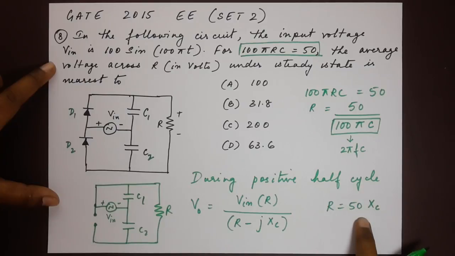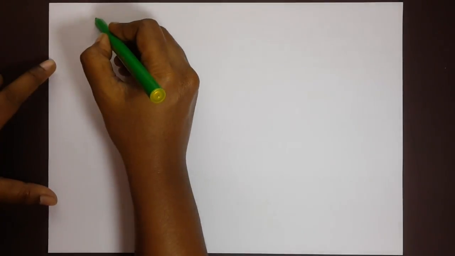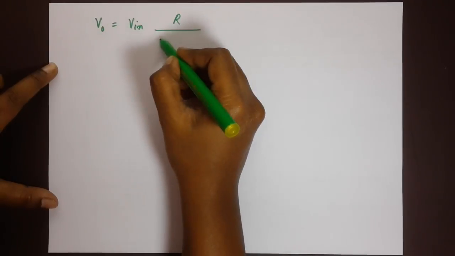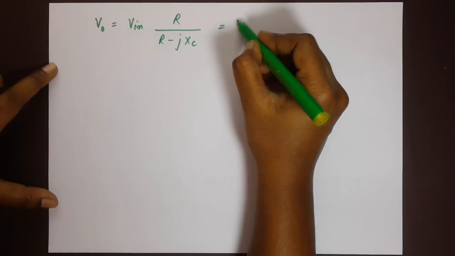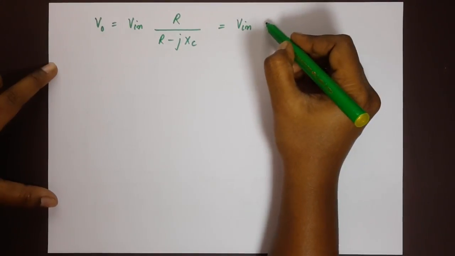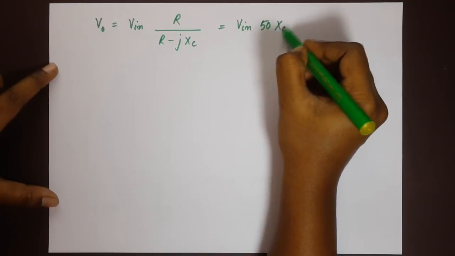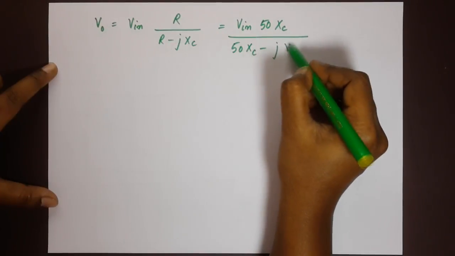Now let's substitute this into R over here. So we have our formula. V0 is equal to Vin into R divided by R minus jXc. So this would be Vin into R, where R we have figured out is 50Xc, divided by 50Xc minus jXc.